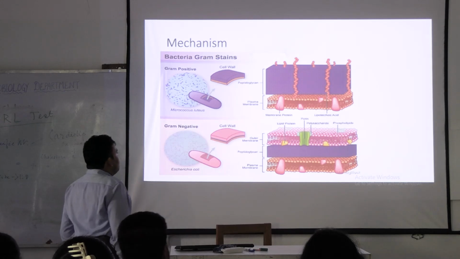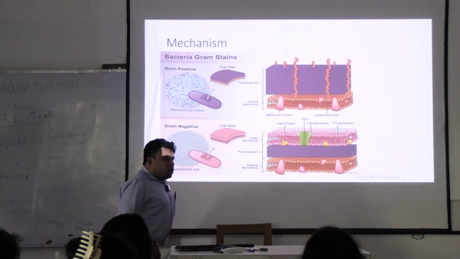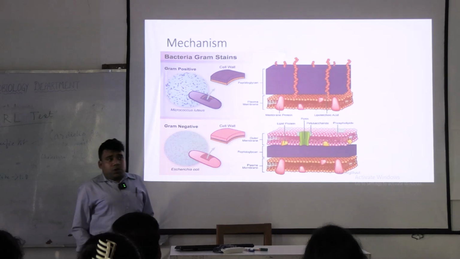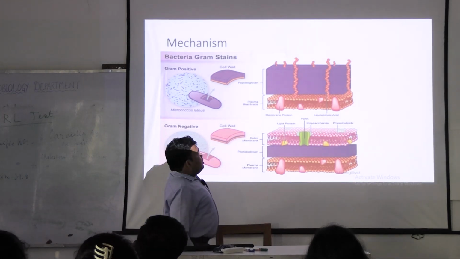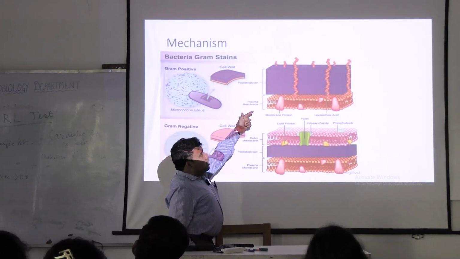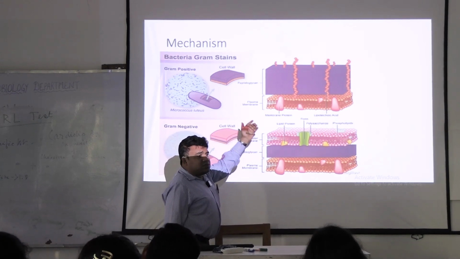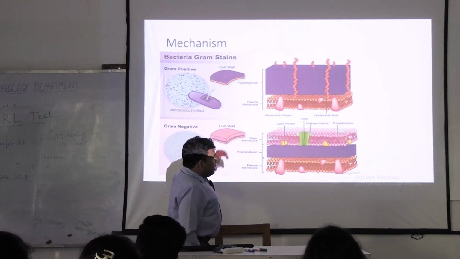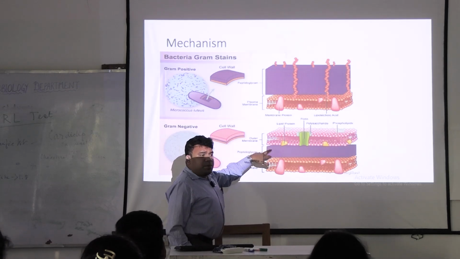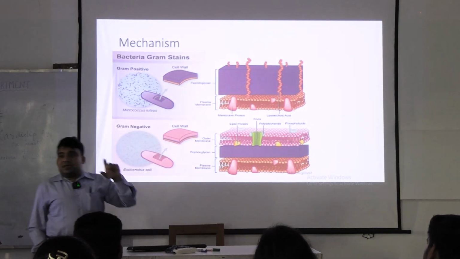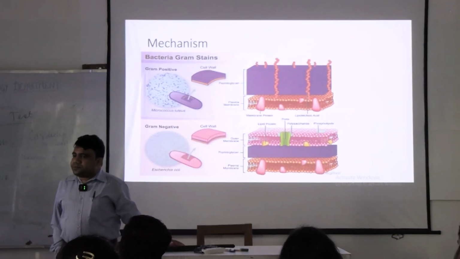So what was found out is that the cell wall structure of these two bacteria were different. When you look back, you will find that gram positive bacteria have a very thick layer of peptidoglycan outside the cell wall. In the gram negative, they do have the peptidoglycan layer, but it is much thinner as compared to the gram positive.